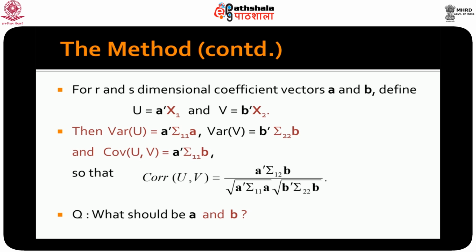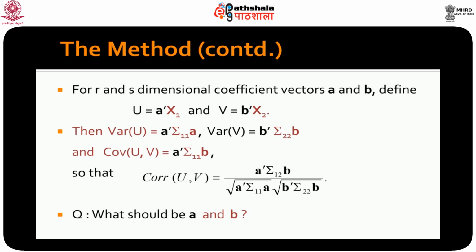Now from standard results, we have the variance of u equal to a prime covariance of x1 times a, which is a prime sigma 1 1 a. The variance of v is b prime covariance of x2 times b, which is b prime sigma 2 2 b. And the covariance between u and v is a prime covariance of x1 x2 times b, which is a prime sigma 1 2 b.